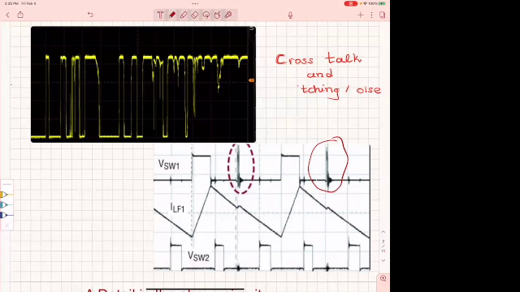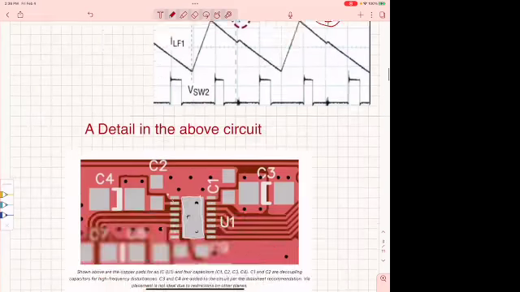You have a switch, you turn on a switch, something goes through, and then immediately you see the crosstalk that changes this. Or look at these pulses, how they have been altered because of this unwanted crosstalk.